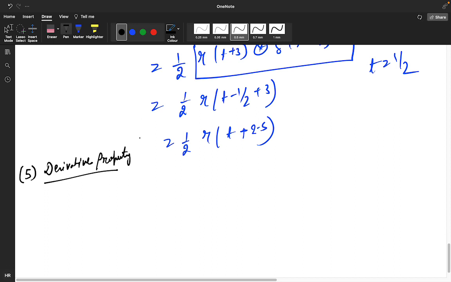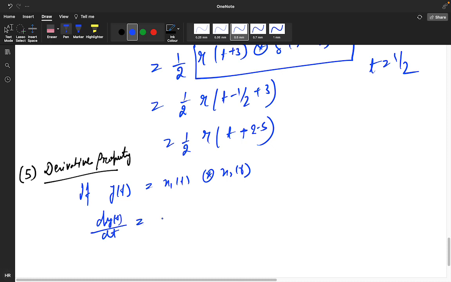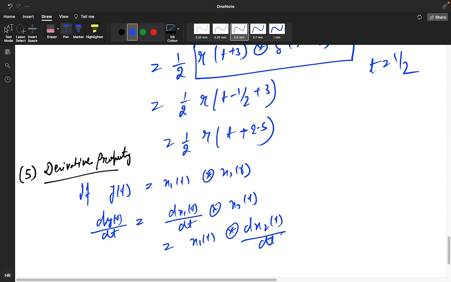So in a derivative property, what we do, if you have y of t is equals to x1 of t convoluted with x2 of t, you need to do dy of t divided by dt, so you can make one differentiation, not two differentiation. dx1 of t divided by dt convoluted with x2 of t, or it can be x1 of t convoluted with dx2 of t divided by dt.